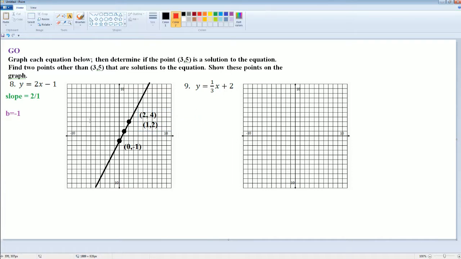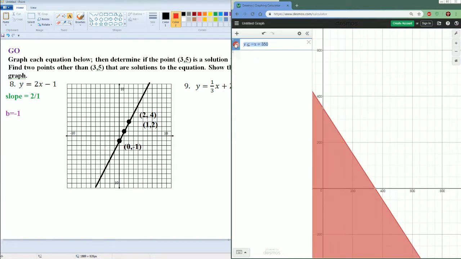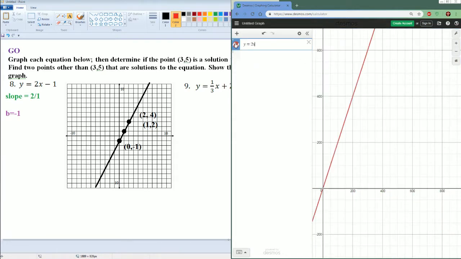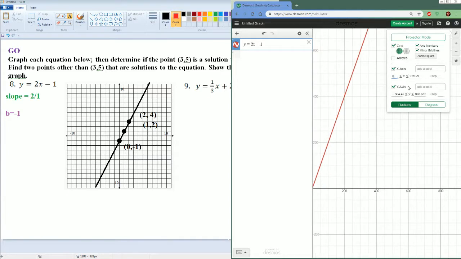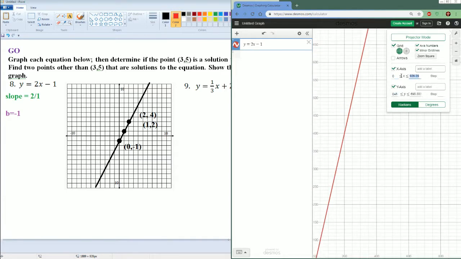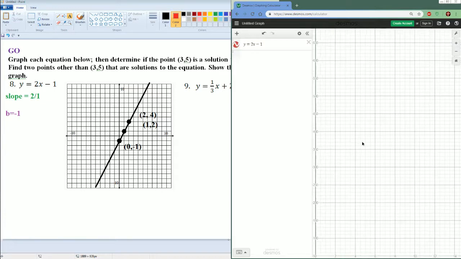Something feels off. Hold on. Let's just put it into decimals and see what happens. Y equals 2x minus 1. Let's change back the scale. Let's just put it at 0, 0. Let's make that 15, 15.